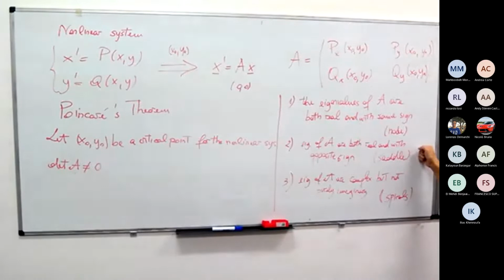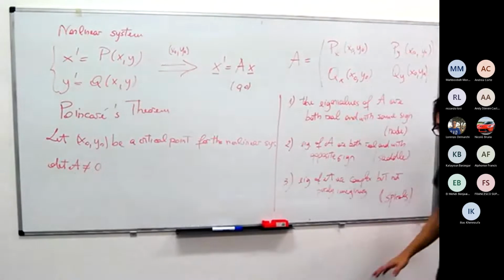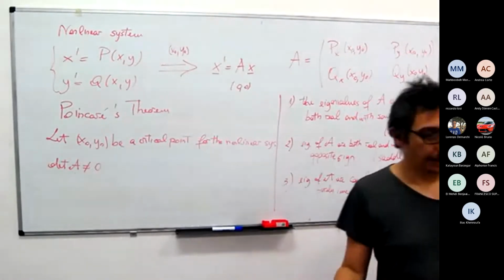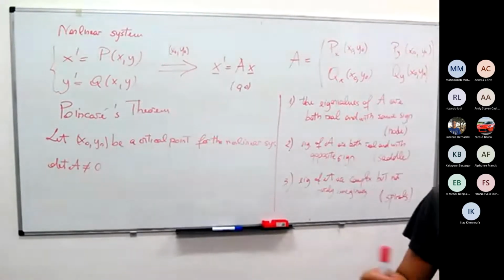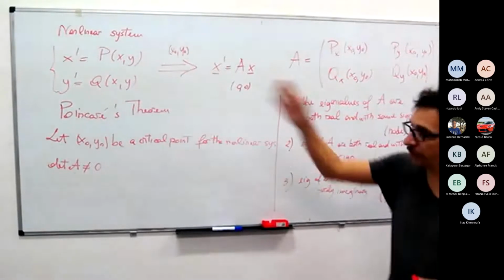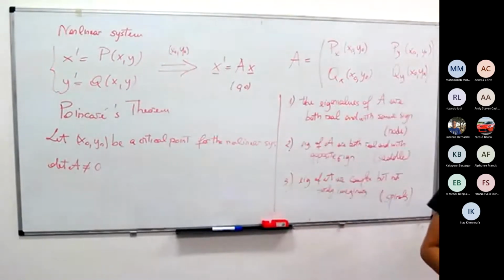A subnode for the linear system corresponds to a subnode for the nonlinear system. A spiral for the linear system corresponds to a spiral for the nonlinear system. Center, I cannot say anything. Well, it could be either a center or a spiral for the nonlinear system.